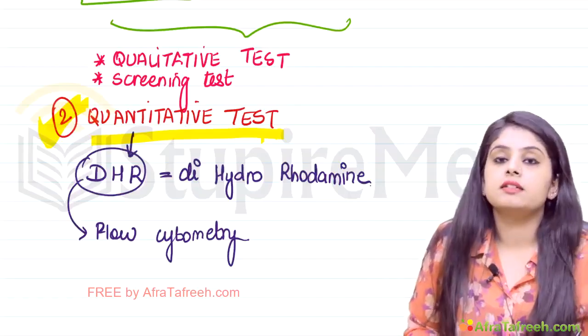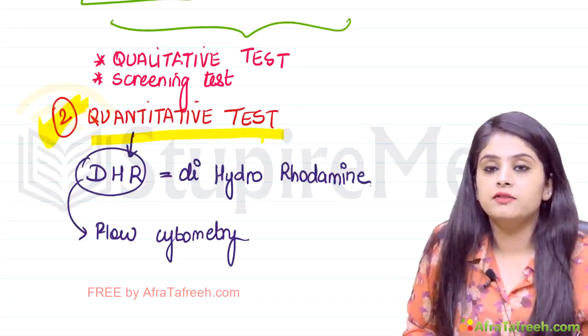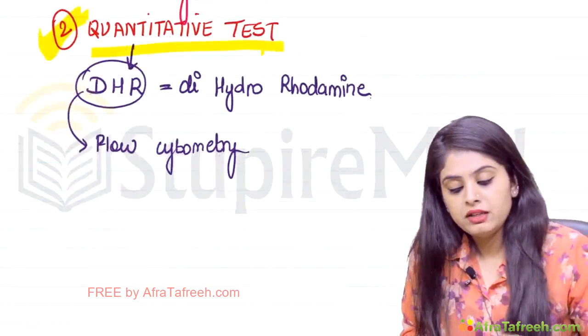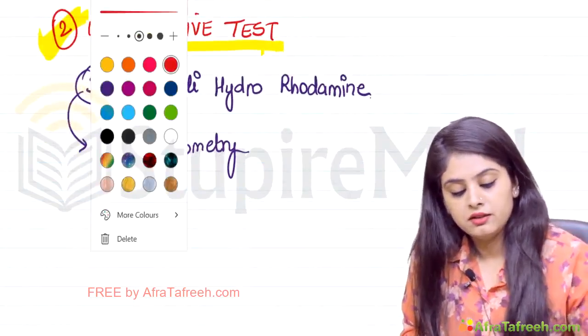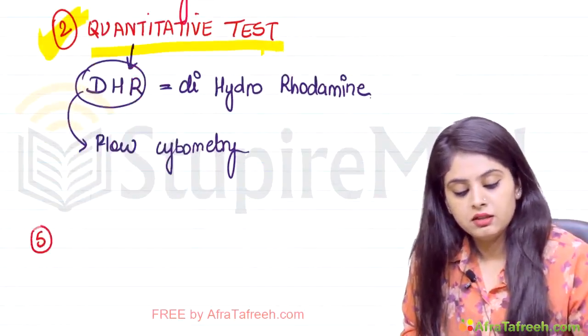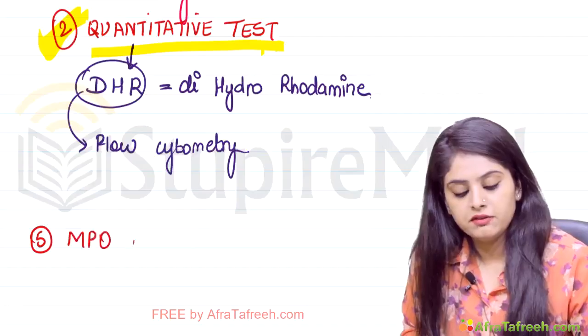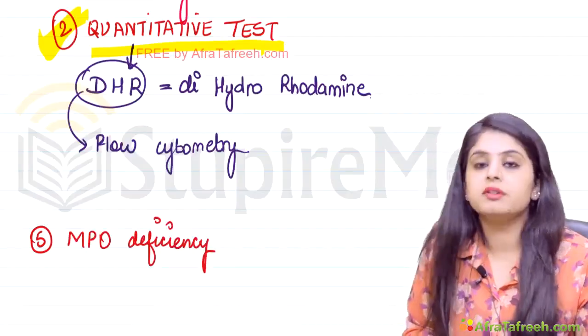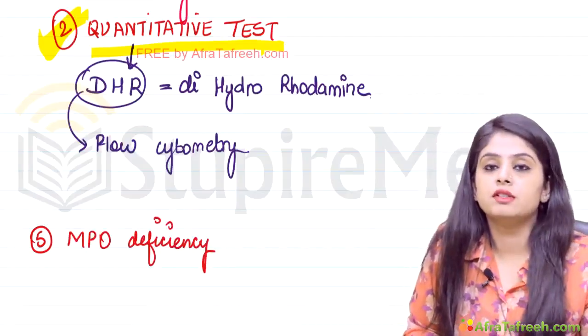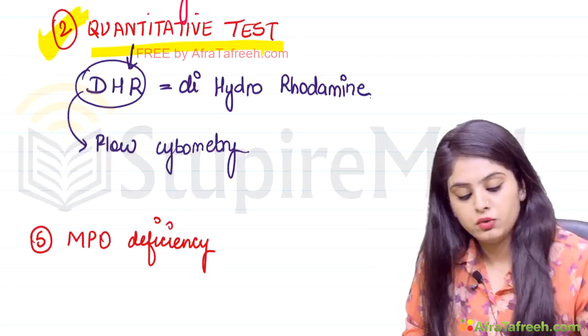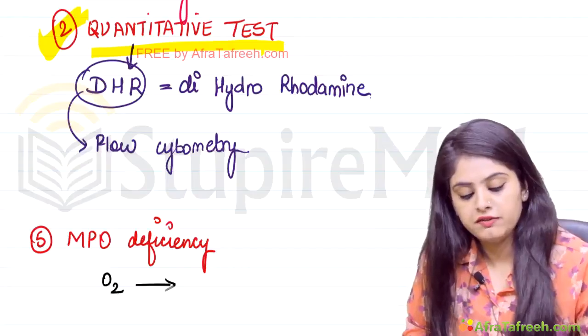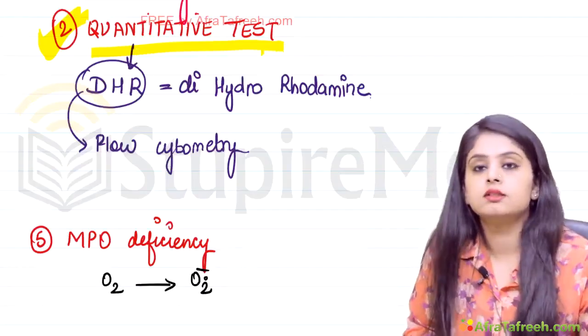So this was the next clinical correlate that we had done, the fourth one. The fifth one is very similar. What if the person is suffering from MPO deficiency? Now, for this, I just want you to recall, oxygen will first form superoxide.